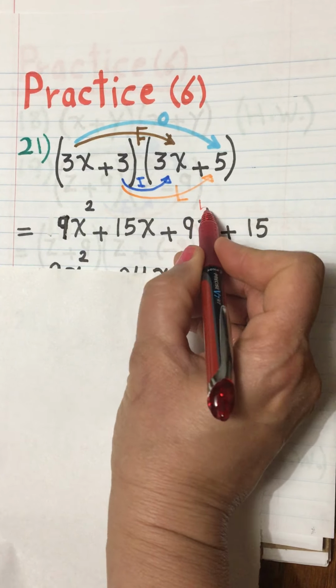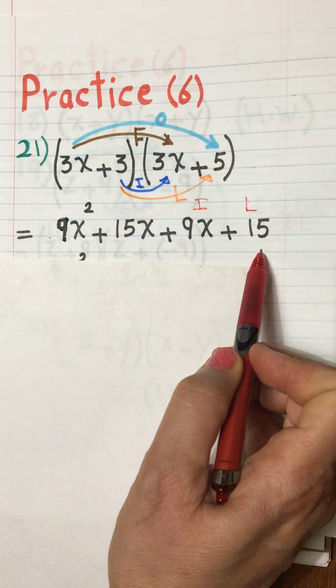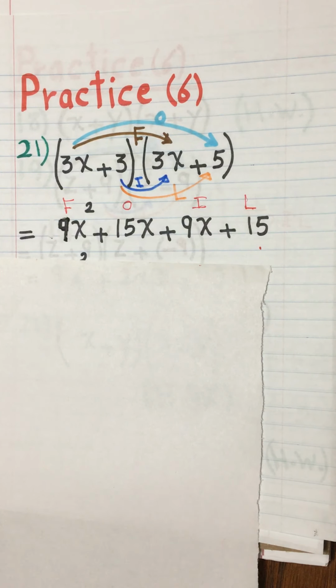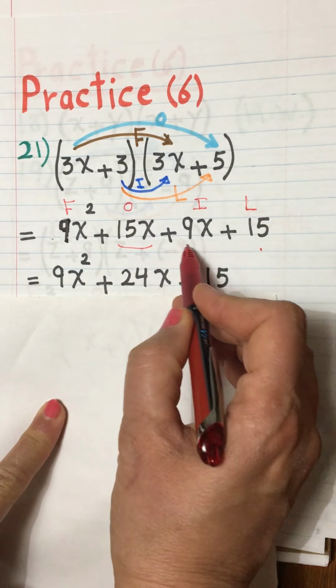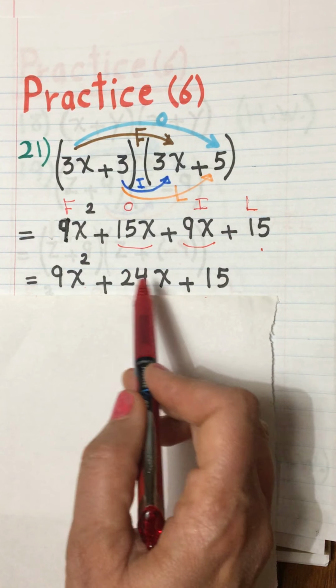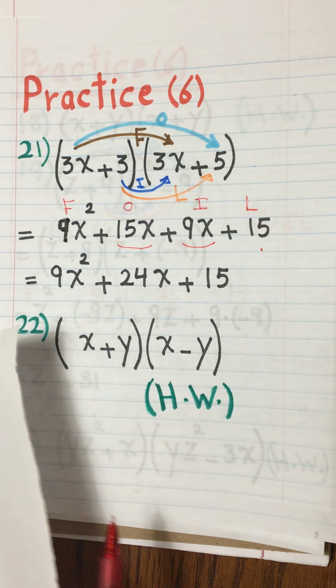That's inner, and that's last, 3 times 5, 15. First, outer. Then these two terms, I can add them because they are like terms. So the answer is 9x squared plus 24x plus 15. And 22 is your homework.